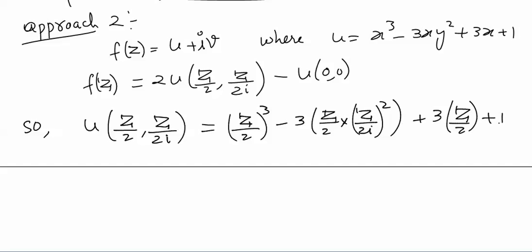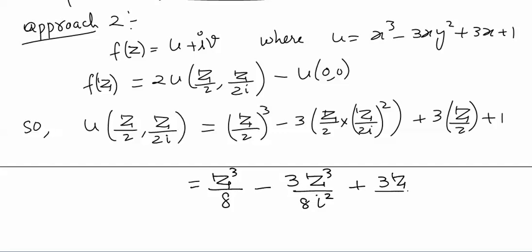So I'm substituting here. This will become z cube by 8 minus 3z cube by 8 iota square plus 3z by 2 plus 1.